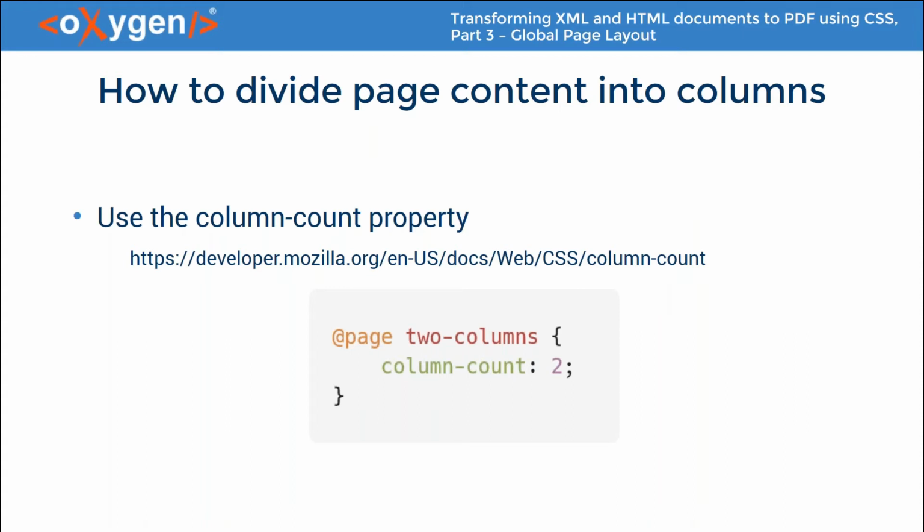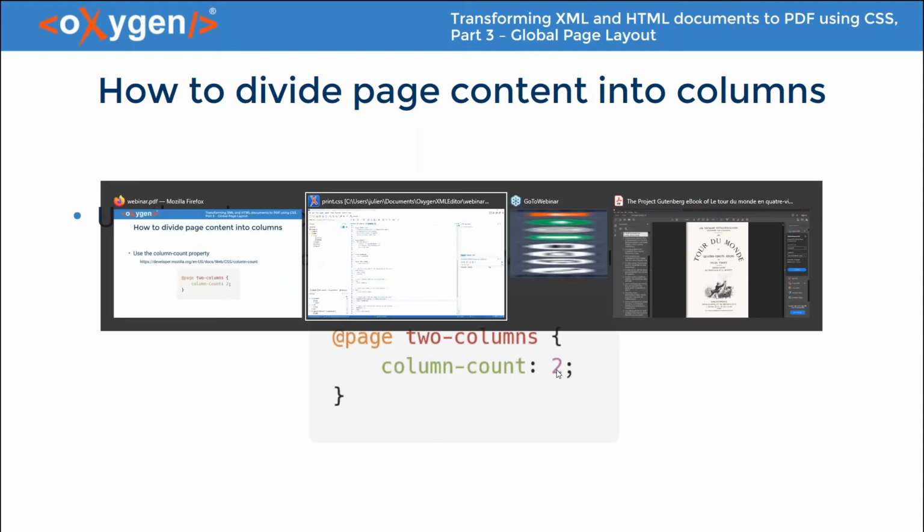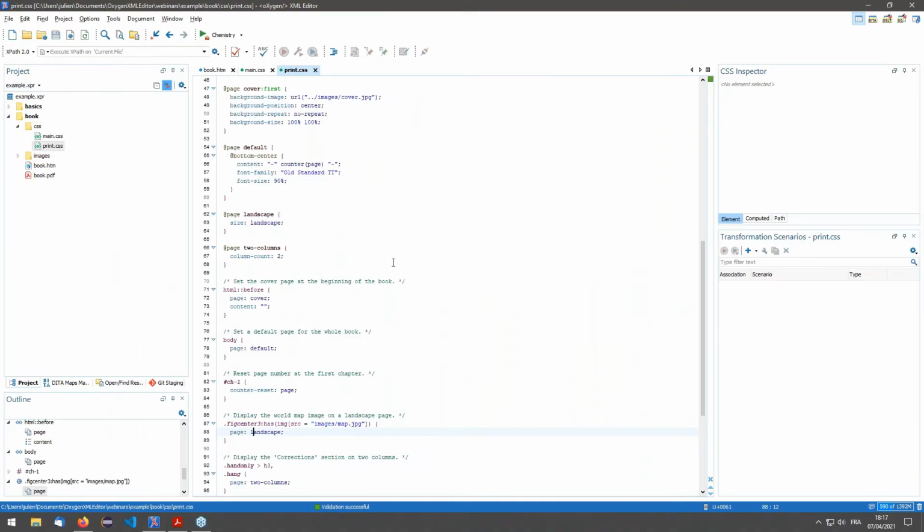And I will use another CSS property, which is called the column count. In my example, I define this value to 2, which means that my page, instead of being displayed in one single column, will be divided into 2 columns.